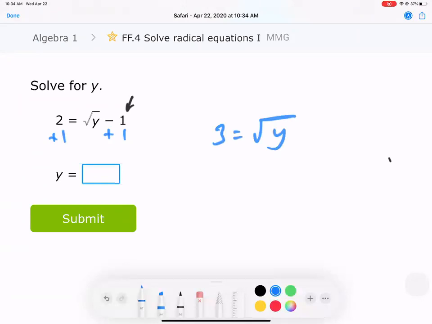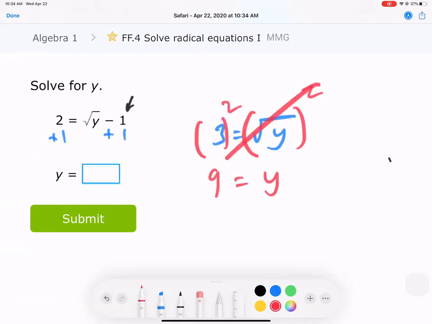Now, using our rules, to get rid of a square root, we square both sides. 9 is equal to y, because the square root and the square cancel each other out. And we can double check. The square root of 9 minus 1 is really 3 minus 1, which is the 2 we wanted.